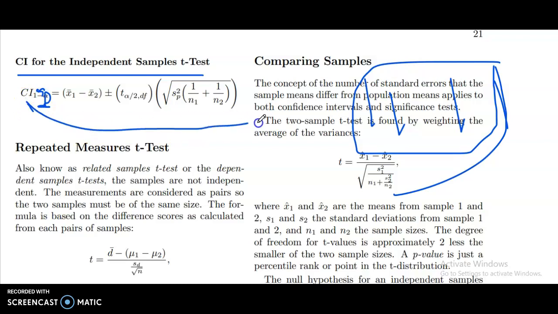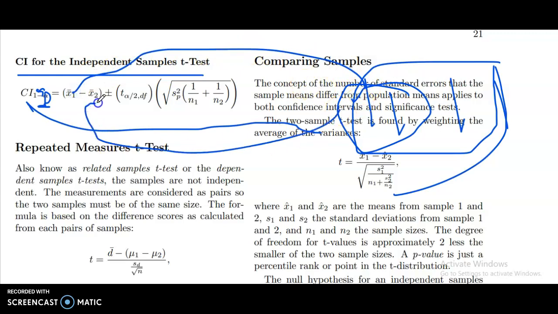So x1 bar minus x2 bar, the second deducted from the first, plus or minus t alpha divided by 2 comma df.